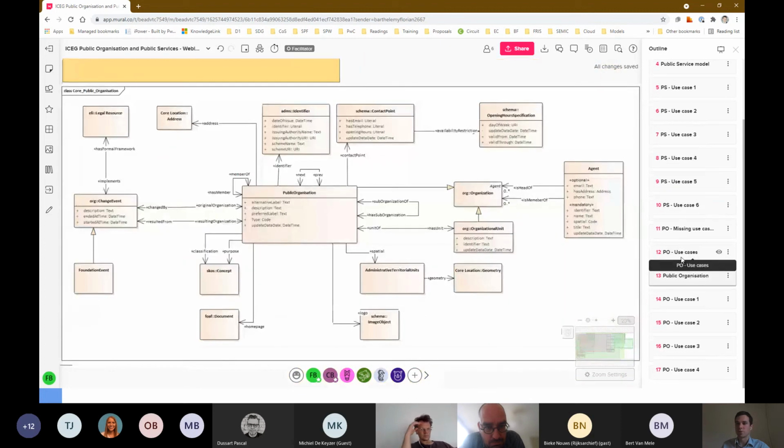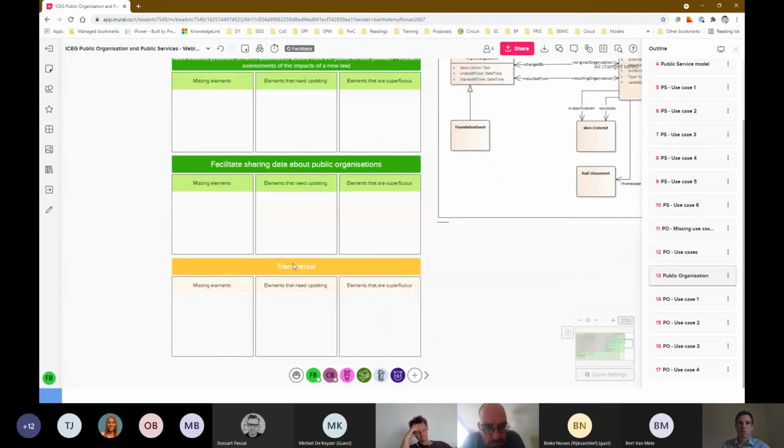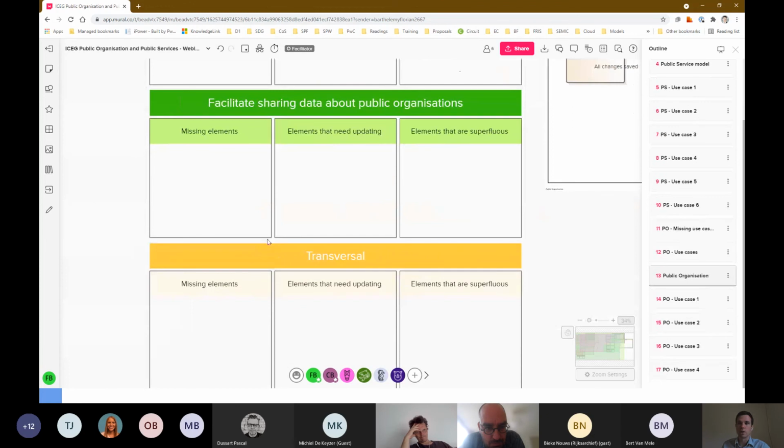And similarly to what we did right before, let's think 2 minutes about missing elements, missing information in the model, and discuss it afterwards. What I didn't mention also is that if you think elements are transversal and not related to any specific use case, you can include them in the last box.